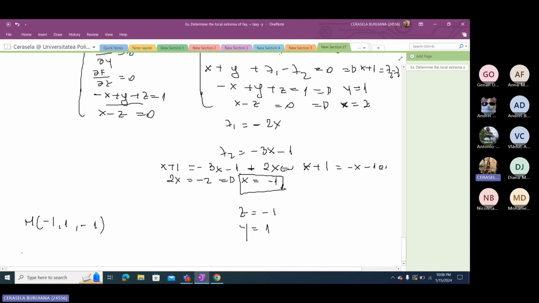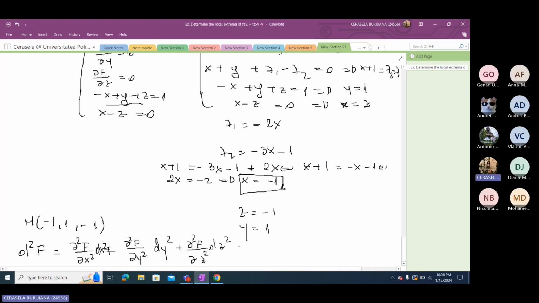Now I go further, and I have to take the differential, but the differential of second order of f. Okay, we have to remember the formula. It's easier for us to keep in mind the formula. Here it's the derivative of f in x twice, dx squared, the derivative of f in y, dy squared, plus the derivative of f in z, dz squared.